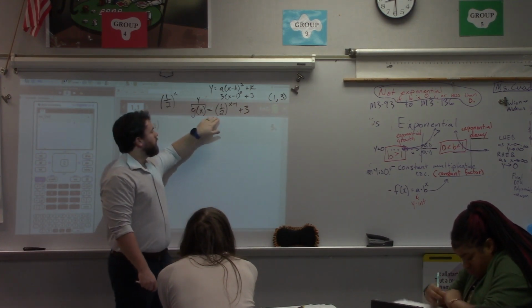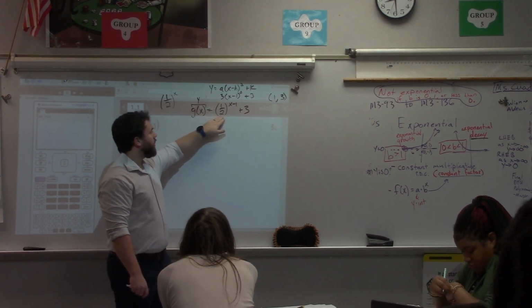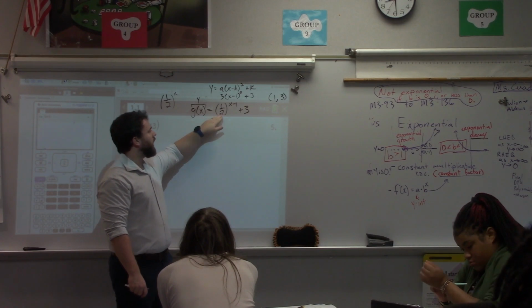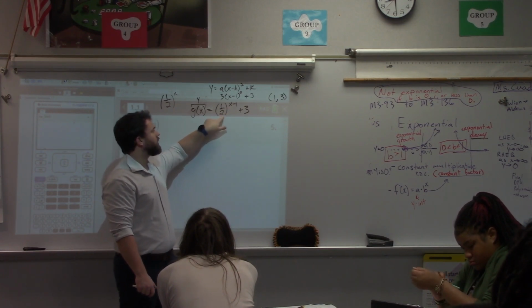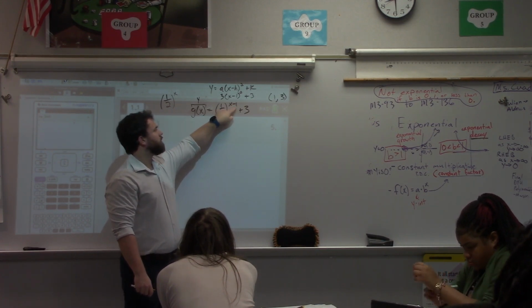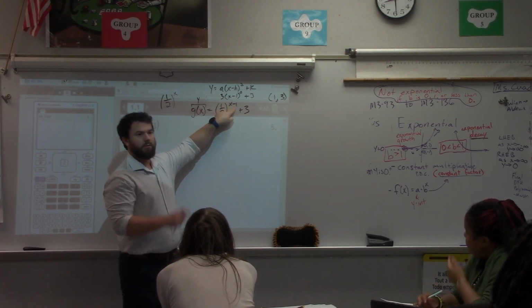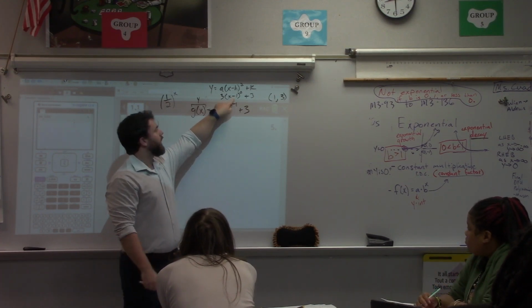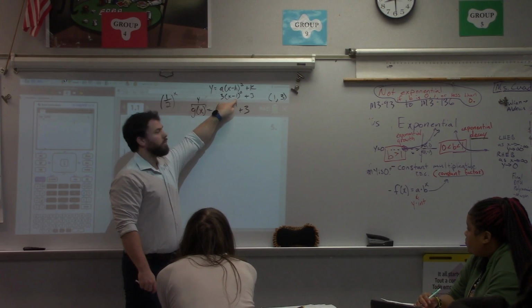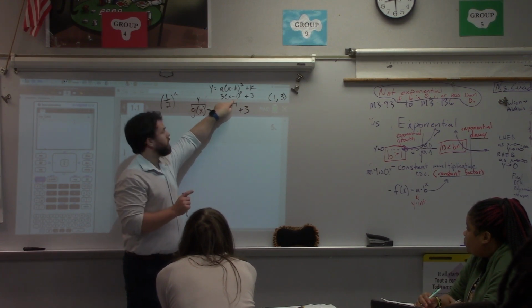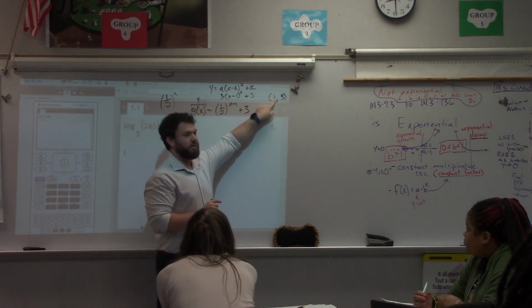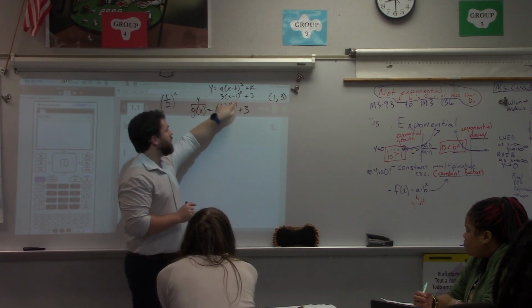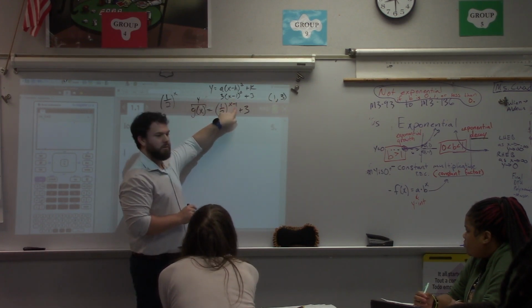So, again, I'm not assessing you on this, but it'll help if you see this in a future class. This function would be translated to the, what's that going to do? Remember, what happened here is that it didn't move it to the left, it moved it to the right. But how is this different?